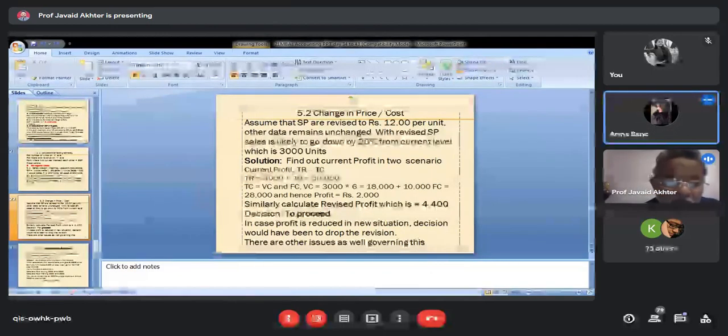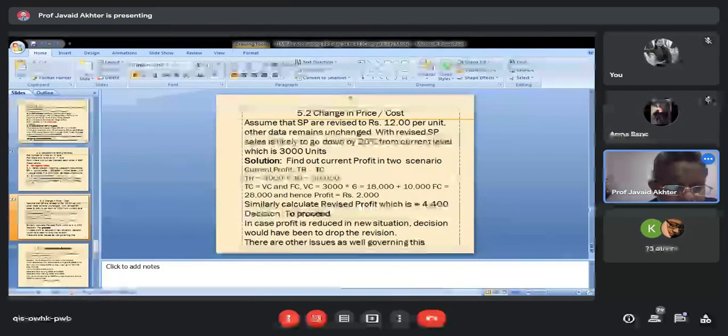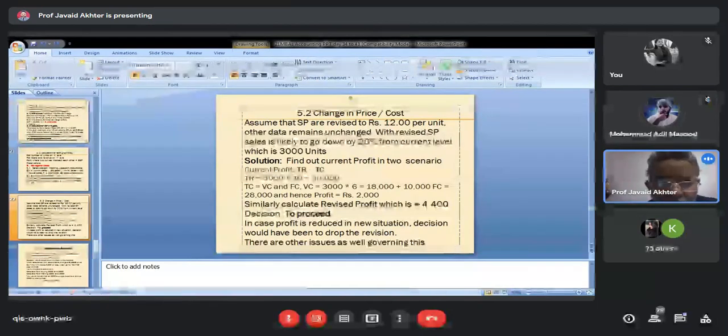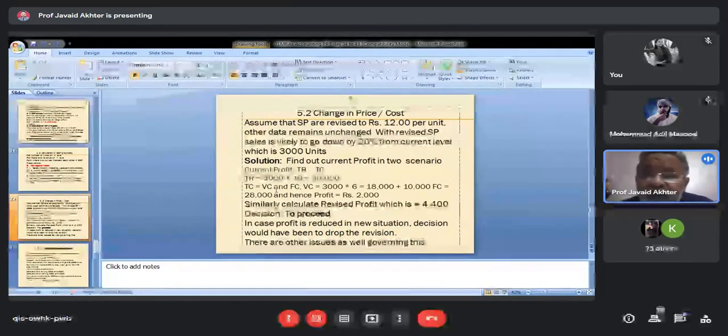Show all calculations. The second question is, in the current example, a reduction of 20% in sales is still resulting in additional profit of ₹2,400. Find out the extent of reduction in sales at which current profit and revised profit will be same. You got it now? Yes, sir. Okay, fine.